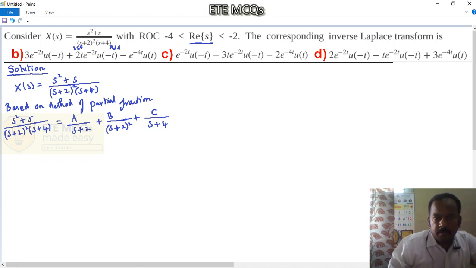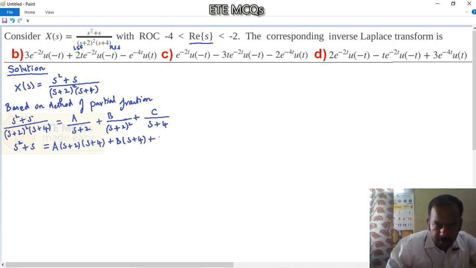Now let us take the LCM so that the denominators get cancelled out, and we are left with s squared plus s equal to A into (s plus 2) into (s plus 4) plus B into (s plus 4) plus C into (s plus 2) the whole squared.